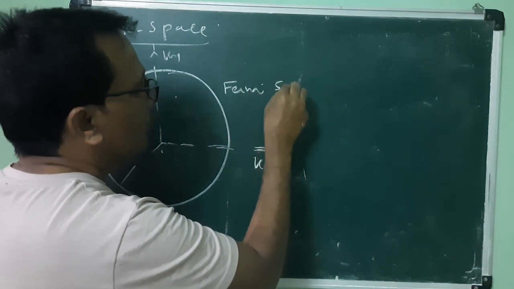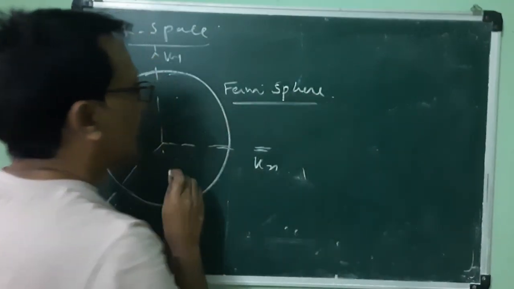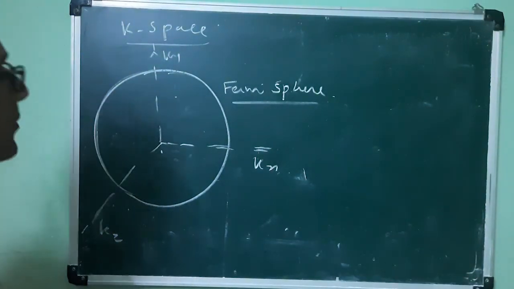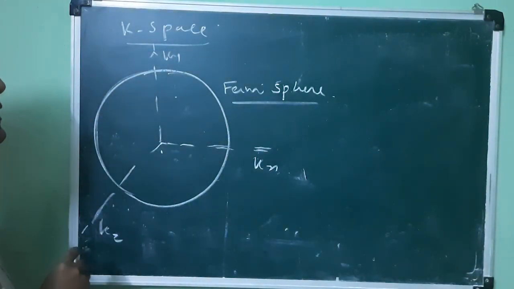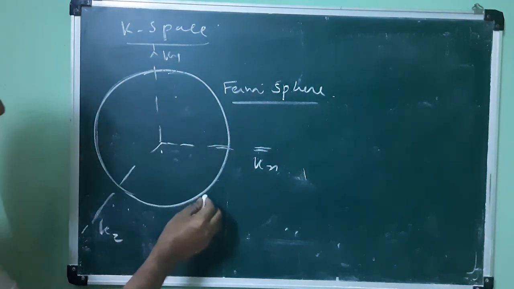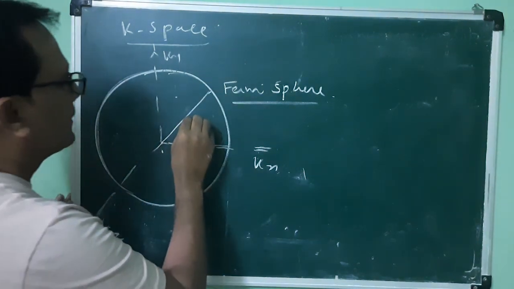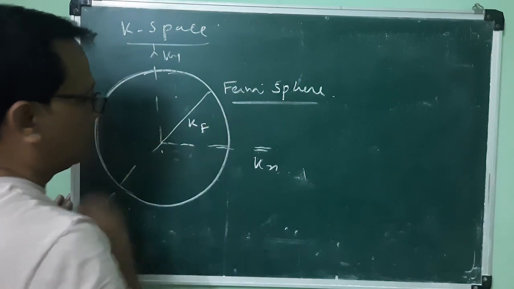So we will use a Fermi sphere. This is the maximum size of a sphere up to which the existence of electrons can be imagined. So this is the Fermi surface, and corresponding that radius is taken as equivalent to kf.